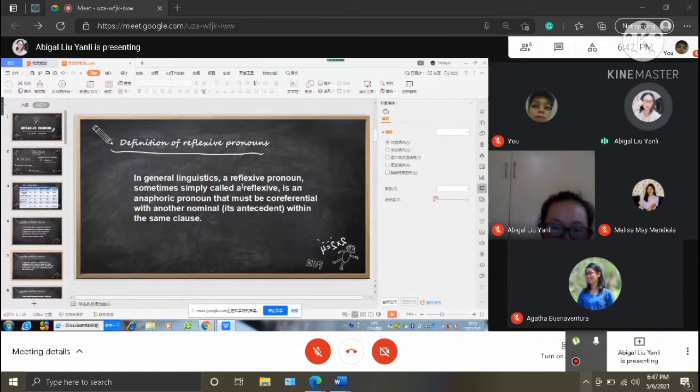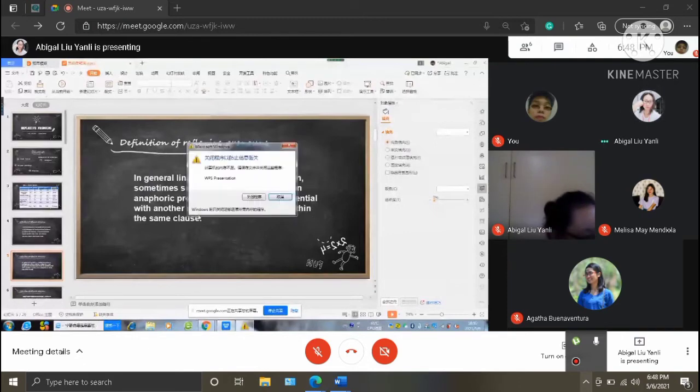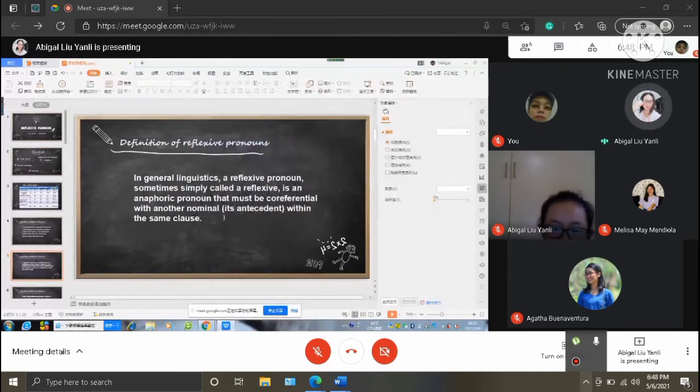In general linguistics, a reflexive pronoun, sometimes simply called a reflexive, is a pronoun that must be coreferent with another nominal within the same clause.